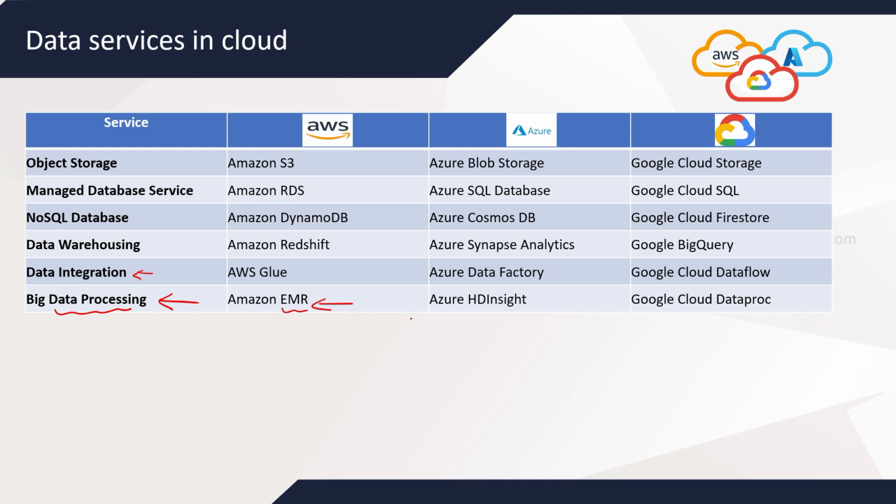It can be a multi-node cluster, and your data will be processed in a distributed fashion. Similarly, Azure has HDInsight, and GCP has Cloud Dataproc. These services are primarily used for big data processing in each of these clouds.